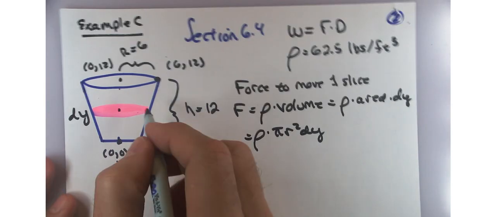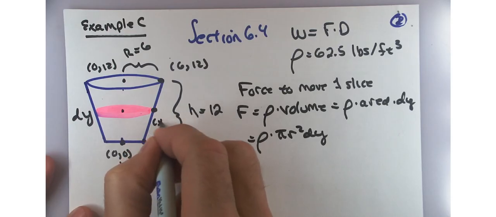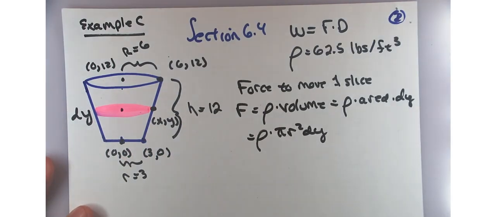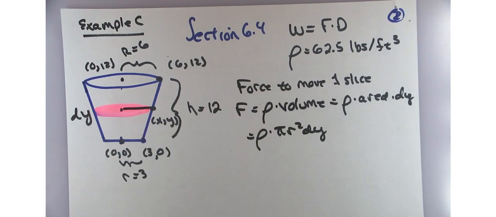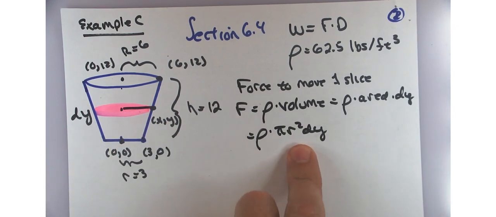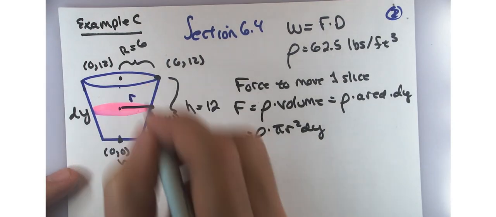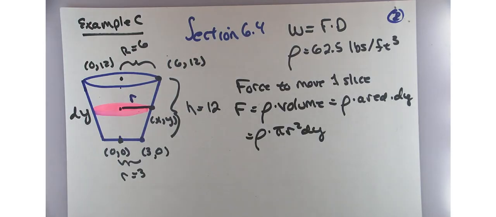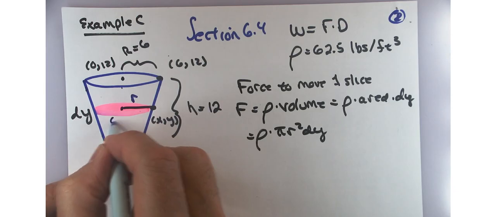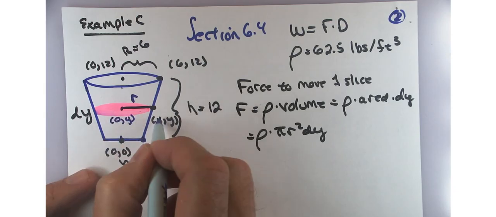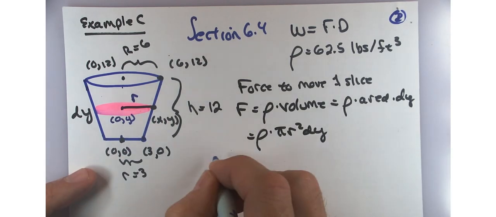I'm going to just put a spot over here, call it x and y, and I need to come up with an expression for that radius because that's going to help us out with our area formula. So I need to know what r is. Now, one way to think of r, if you wanted to give this coordinates, it'd be 0 and y. The radius is just this horizontal distance, x minus 0. So the radius is x minus 0.